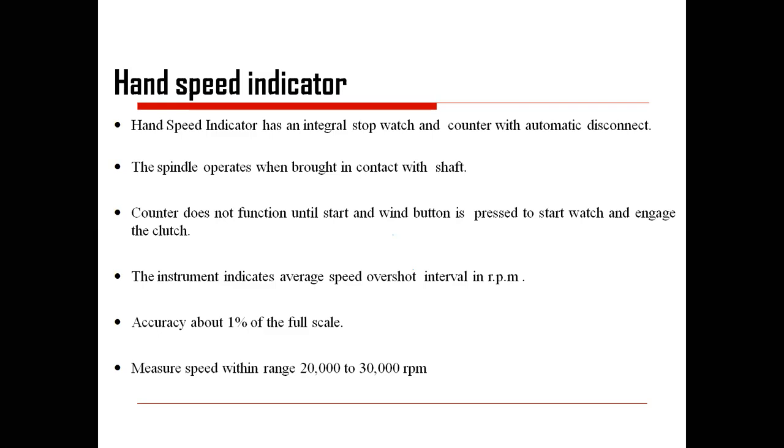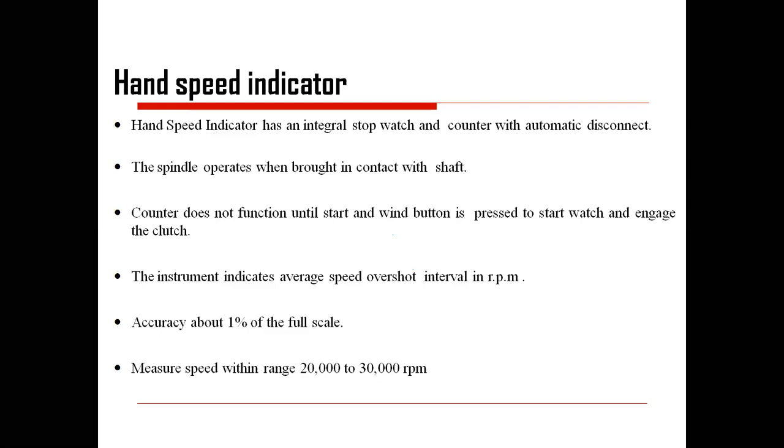When it comes in contact with the shaft, your spindle will start operating. The counter does not function until the start and wind button is pressed. Means there is one button, and as soon as the spindle starts to rotate, the counter will not start till you press a push button which is present over it.